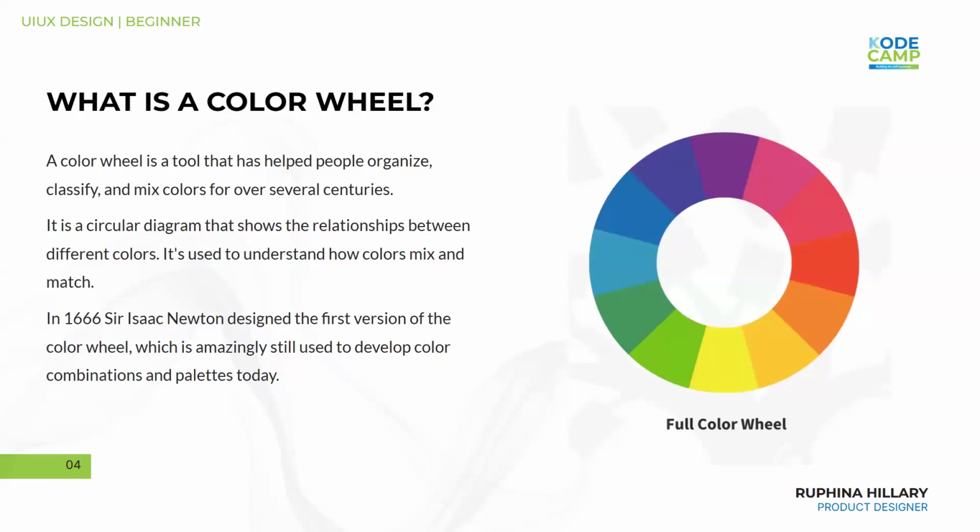Let's say the accessibility is low. So there are a lot of factors that inform us when we are choosing colors for our design, and the color wheel is one of those tools that help us to classify and mix colors in design.